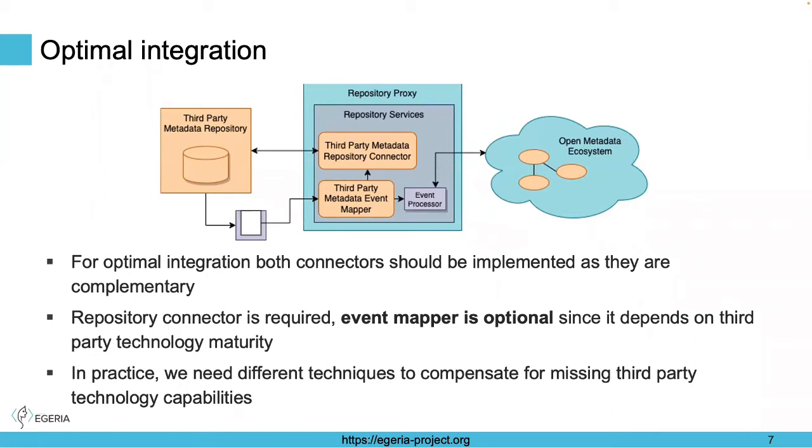However, the practice we will see later on is that there are different techniques that we have to implement on top of these choices, because different technologies just don't provide us the means to implement an event mapper. That's why at one point this became an optional component, and we have to compensate for it.